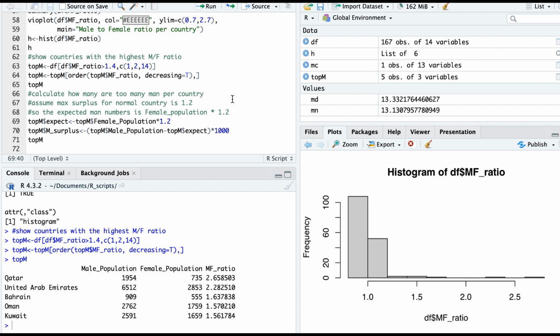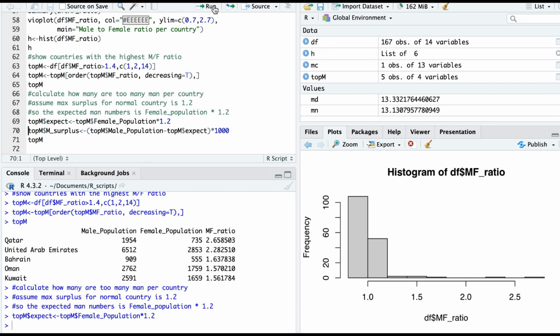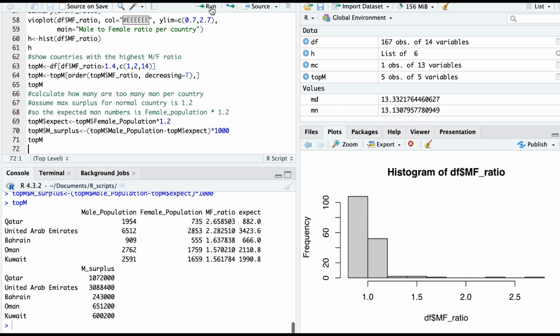This will be the expected number of men in those countries. And then you can convert it into absolute numbers. And the surplus is here.